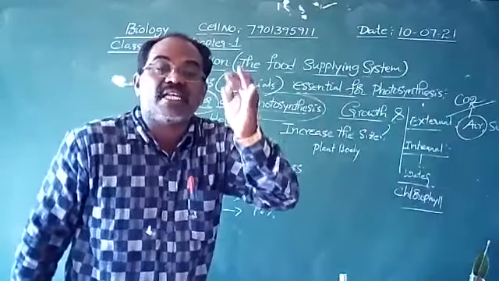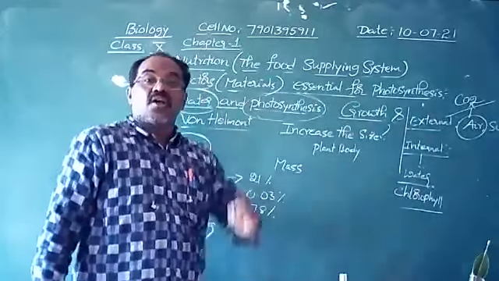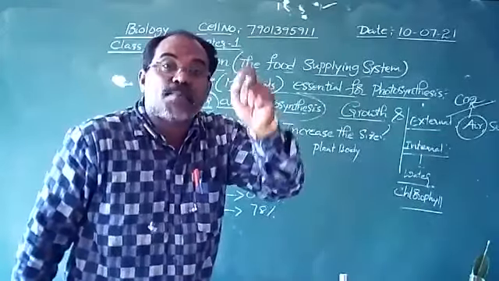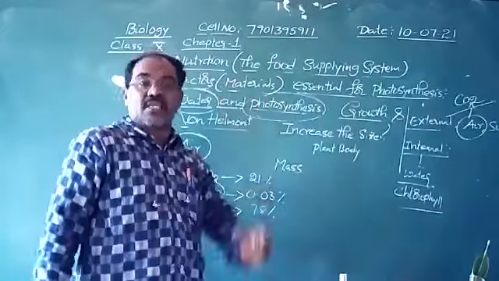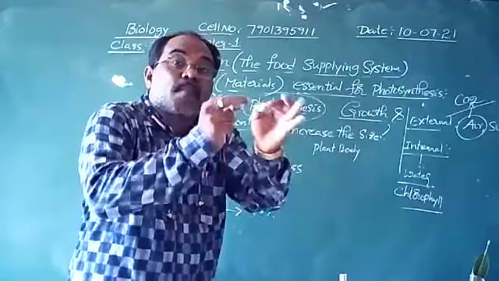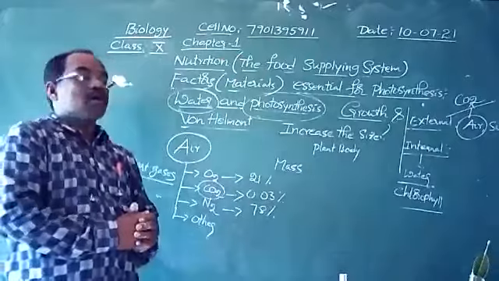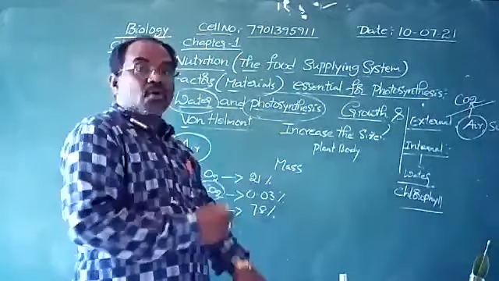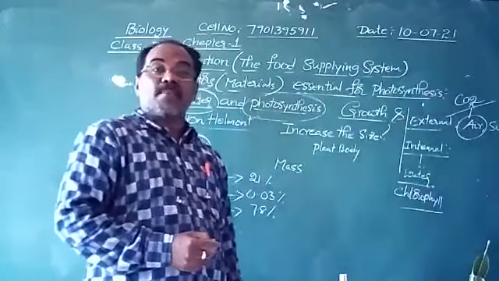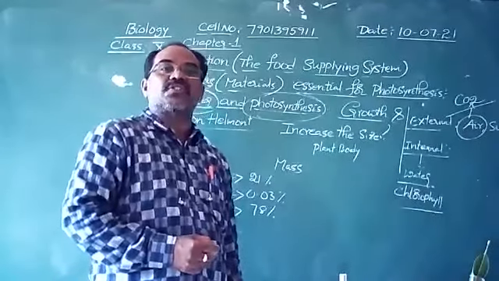Carbon dioxide is essential for the process of photosynthesis. Plants can prepare their own food material by using carbon dioxide. So carbon dioxide is one of the important external factors of photosynthesis.